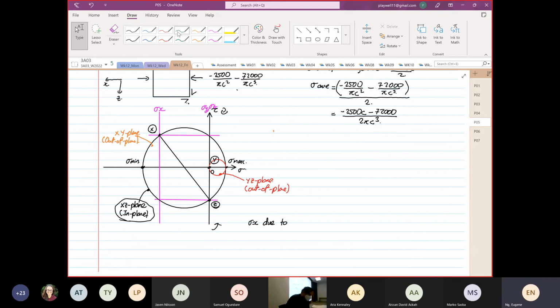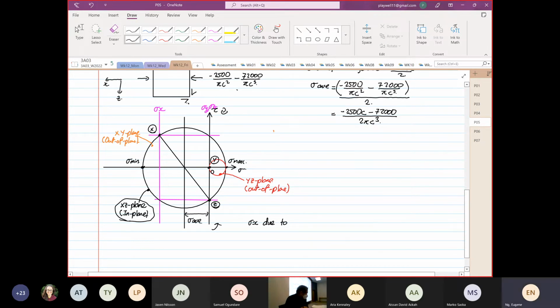So we have identified our average stress, right? So we now know our stress average.